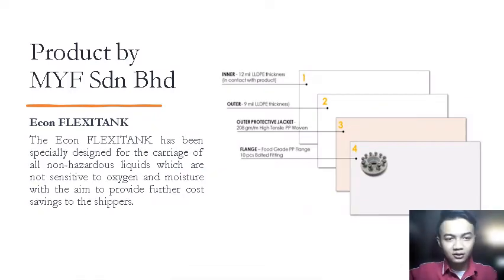Second is the Econ FlexiTank. This Econ FlexiTank has been specially designed for the carriage of all non-hazardous liquids which are not sensitive to oxygen and moisture, with the aim to provide further cost savings to the shippers.